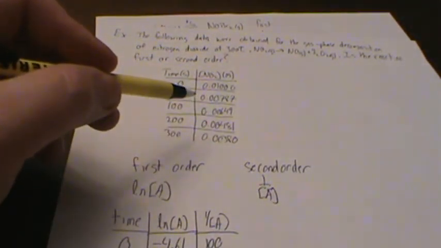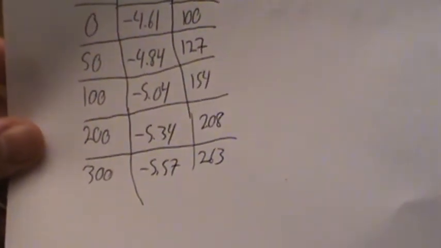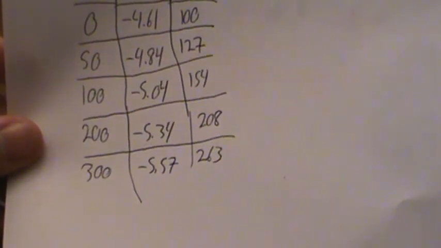And 0.00380 inverse is 263. I'm not really concerned about the units right now. Now, after we've done that, the next thing is we're going to have to graph it and see what our two graphs look like.